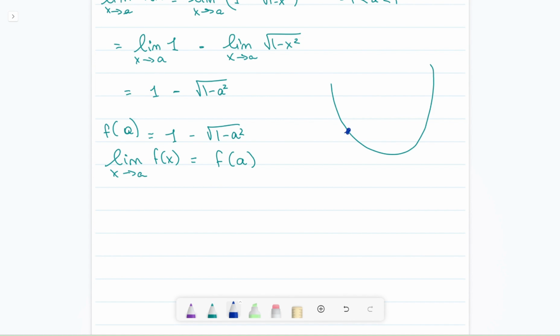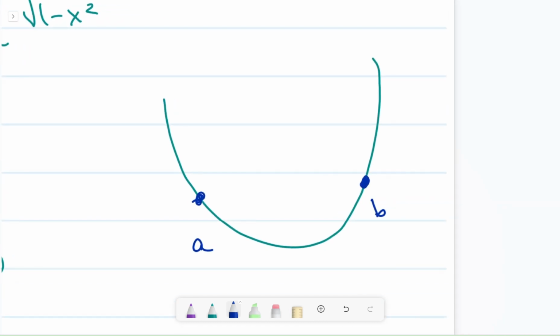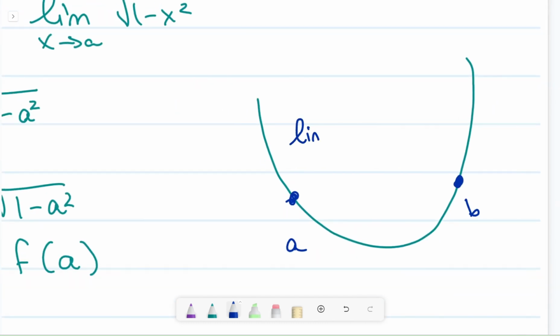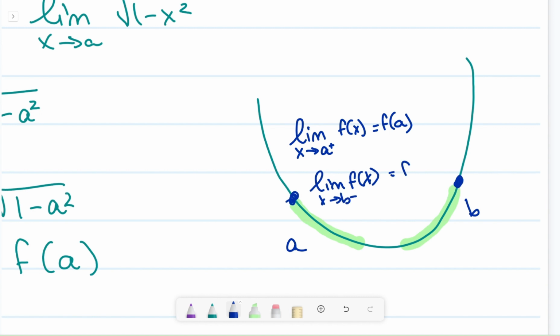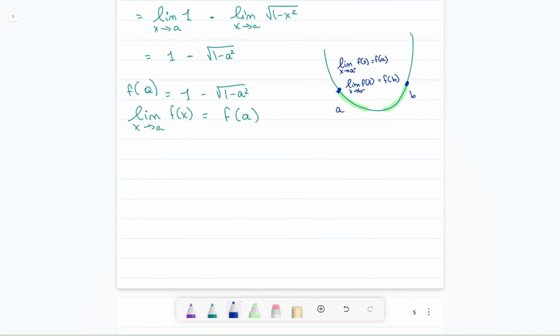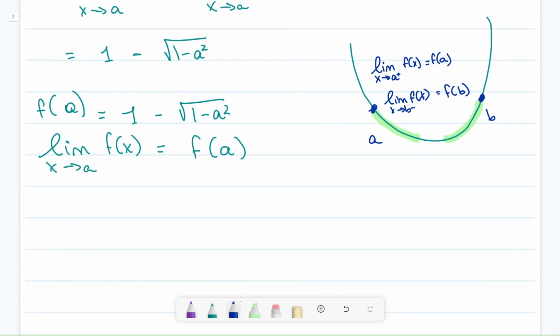If this is point A here and this is point B here, for a function to be continuous also on the endpoints, the limit as x approaches A from the right, because we're going to A from the right, of the function should be equal to f of A, and the limit as we approach B from the left should be equal to f of B. So let's try to prove that.